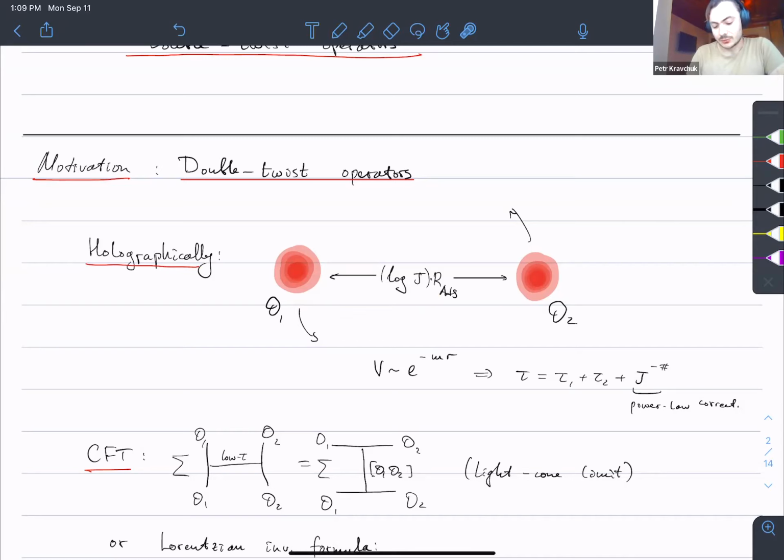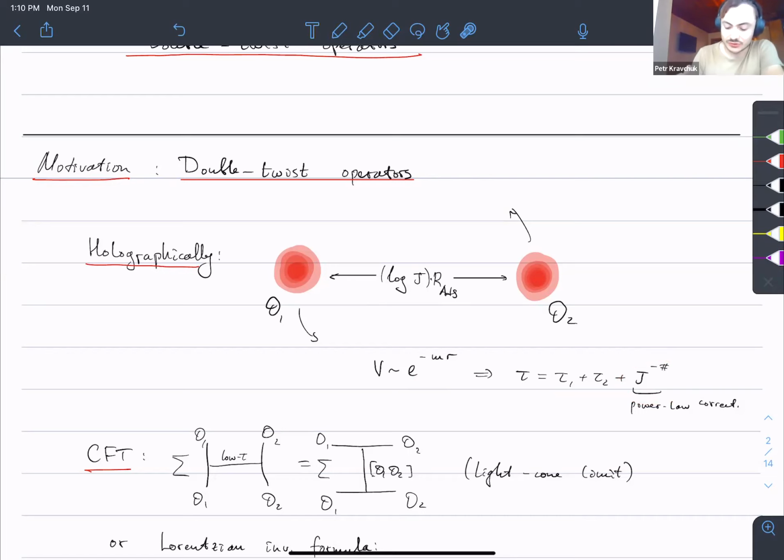But when we do have interactions, we expect some sort of potentials which are going to be decaying, for example exponentially, if you have some massive exchange particles between these two blobs. Then the energies of the states add, and you're going to get some power-law corrections after you plug this logarithmic spin distance into this potential.